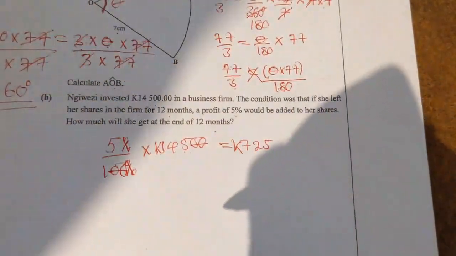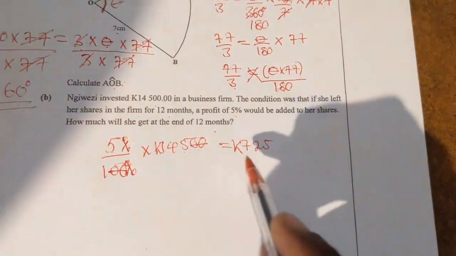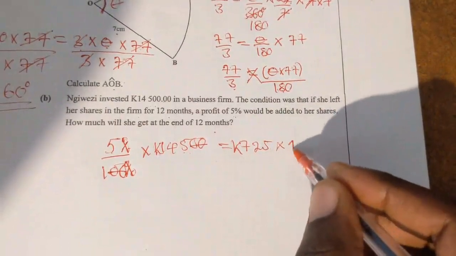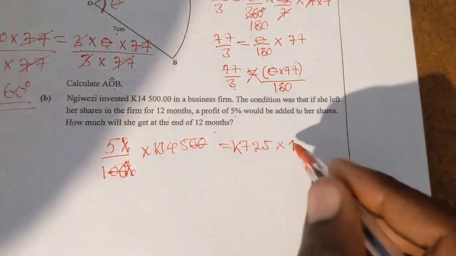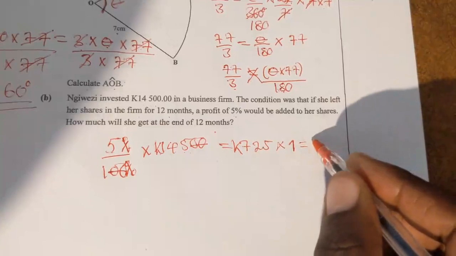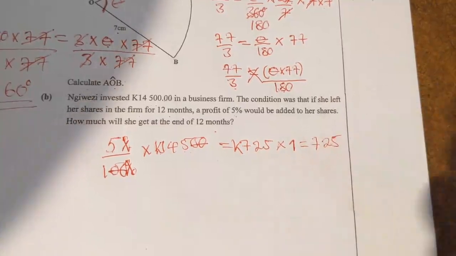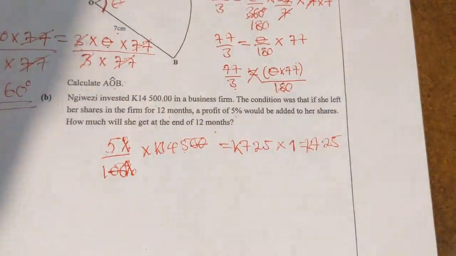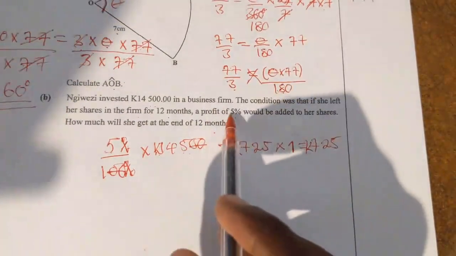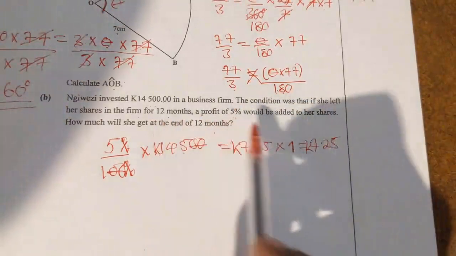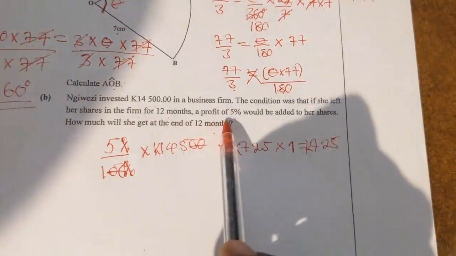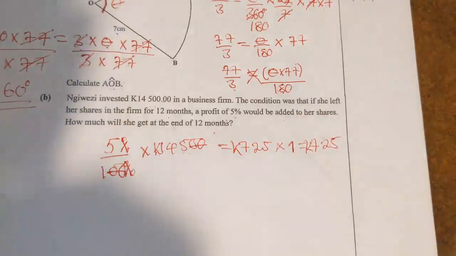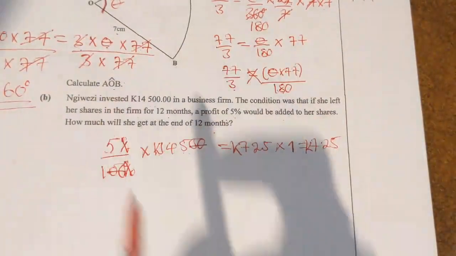This is the profit that you make in 1 year, just multiplied by 1 year. 12 months, just 1 year. So it will just give you 725. Now since they said that this profit would be added to her share, this profit will be added to the money that she invested.